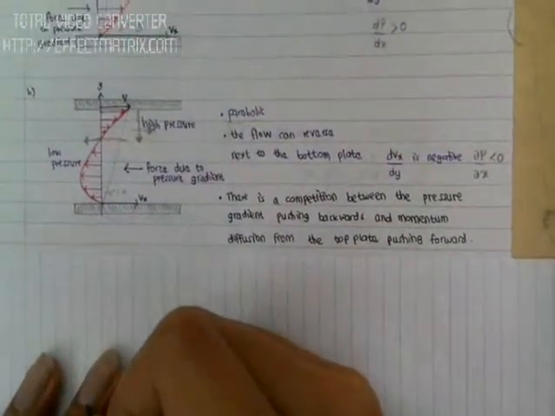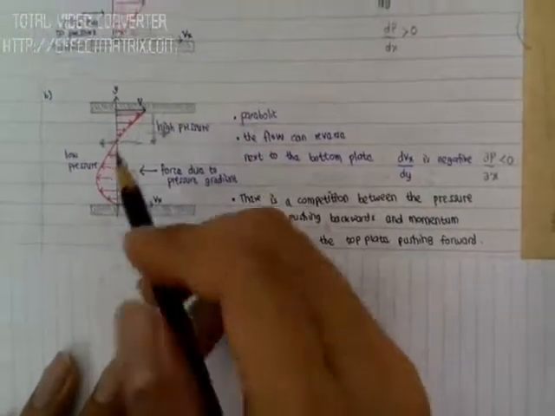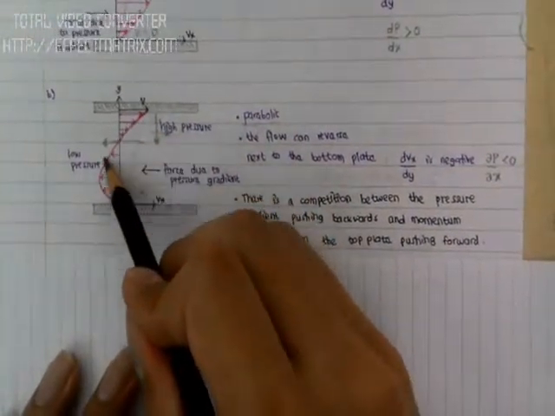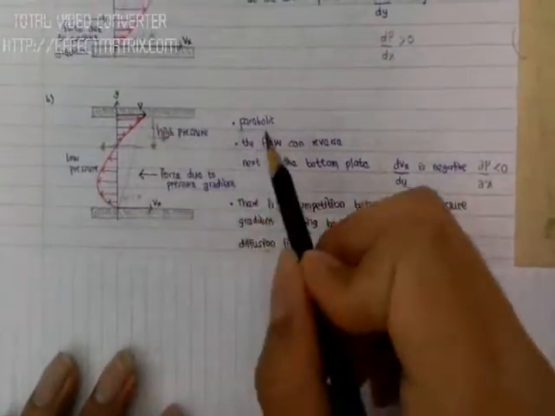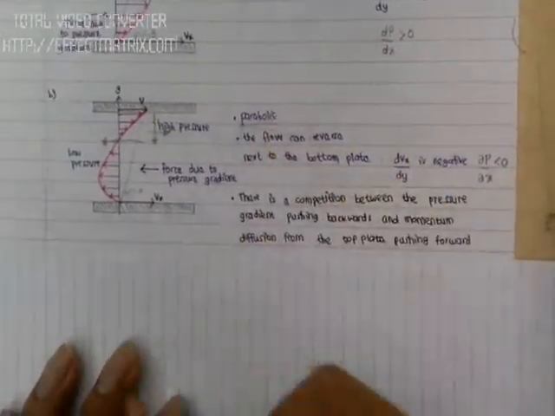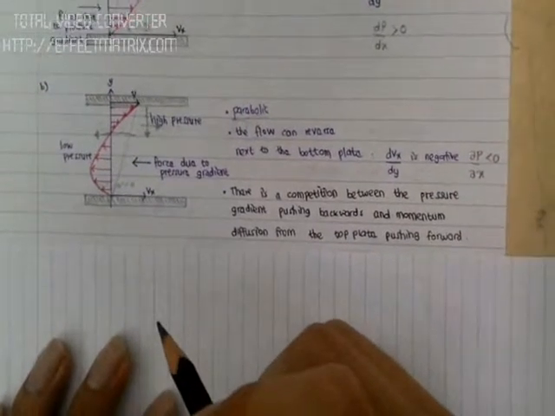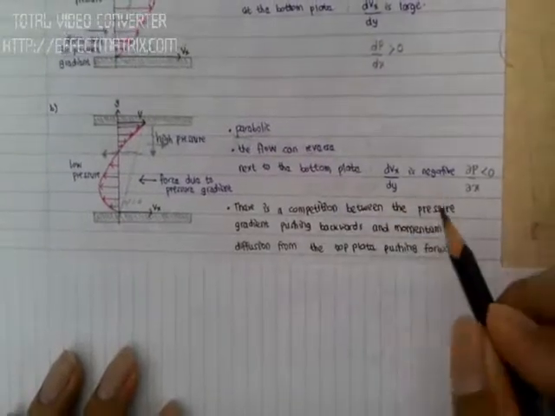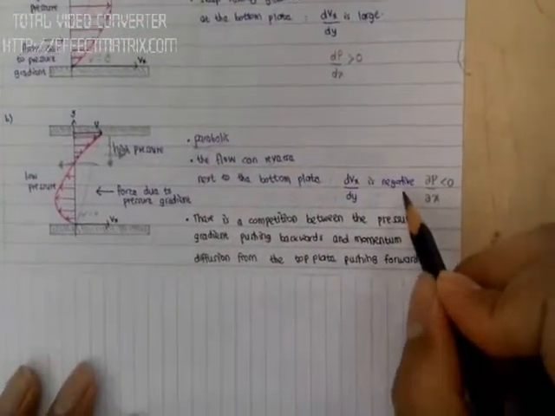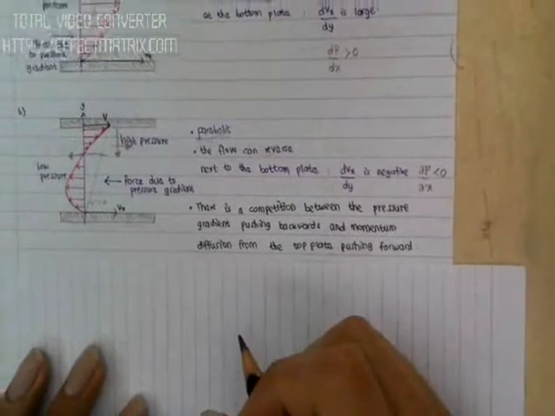Due to the opposite direction of the pressure gradient, you will get a velocity profile in this shape. We can conclude that this velocity profile is parabolic. The other important point is that around the bottom plate, the flow can be reversed, which means that dv_x/dy is negative.